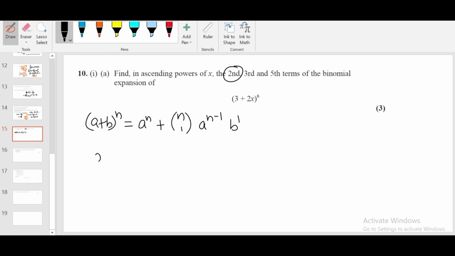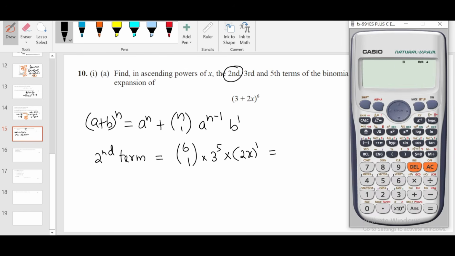So in this case you can write the second term as nC1 a to the power n minus 1 times b to the power 1. Simplify this. So we'll get 6C1 is 6, 3 to the power 5 times 2.